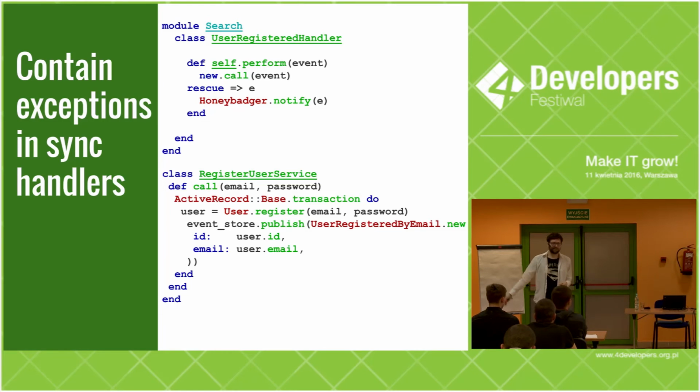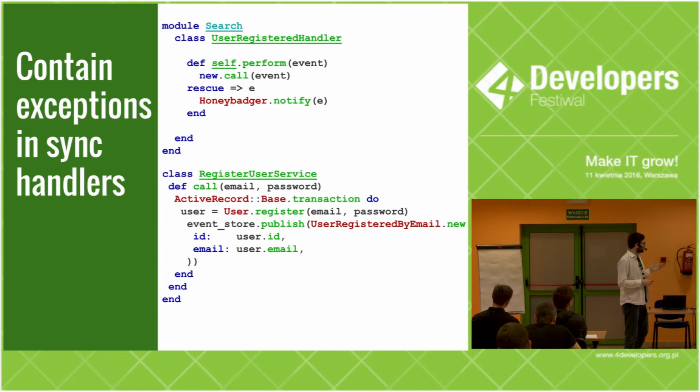So for example, it's down and we can't save the user in Elasticsearch. So there is an exception. And if we don't catch and swallow the exception, it would bubble up and it would roll back the transaction. So even though the user actually registered in our system, we would roll back the transaction because we can't connect to Elasticsearch.